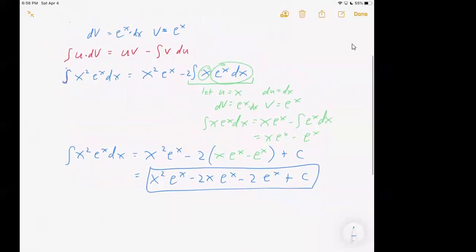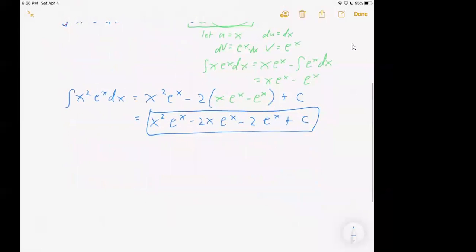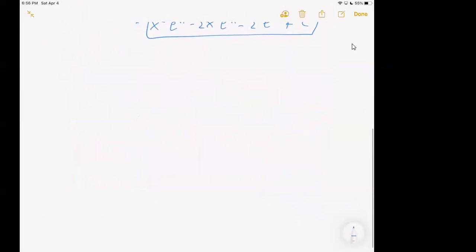Okay. We can do the same thing if I had the integral of x squared cosine x. We can use the same process, right? We'll just have to do it twice, because the first time we take the derivative, x squared will become 2x, and the second time it will become a constant.